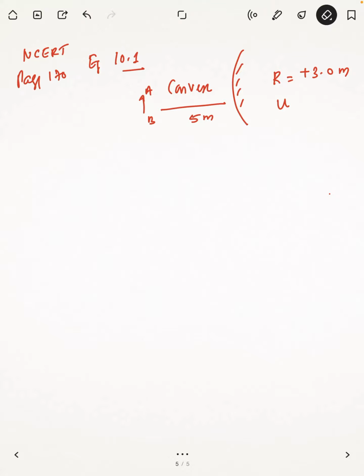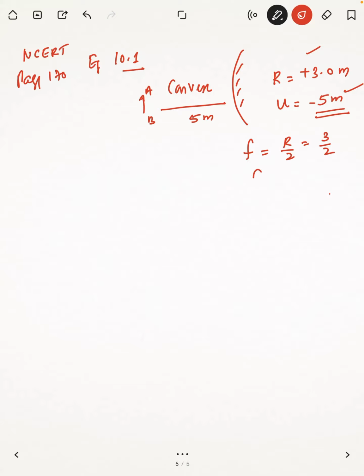U equal to minus 5 meter. Why? Because object is always on left side, we have to take it as negative sign. Radius of curvature is 3 meter. So focal length is R by 2, it is equal to 3 by 2. So F equal to plus 1.5 meter.